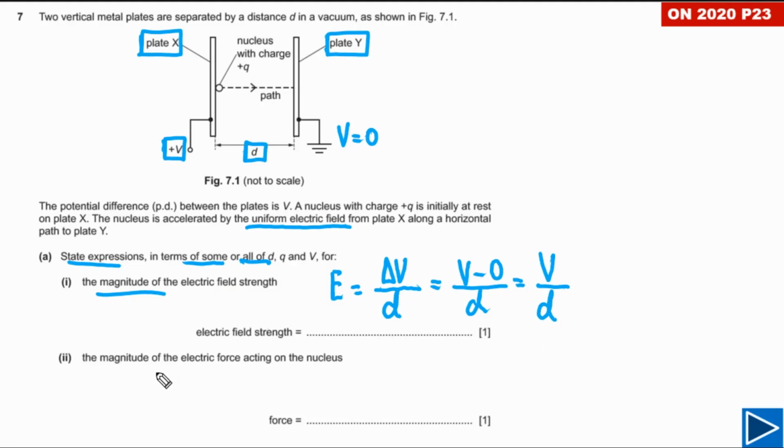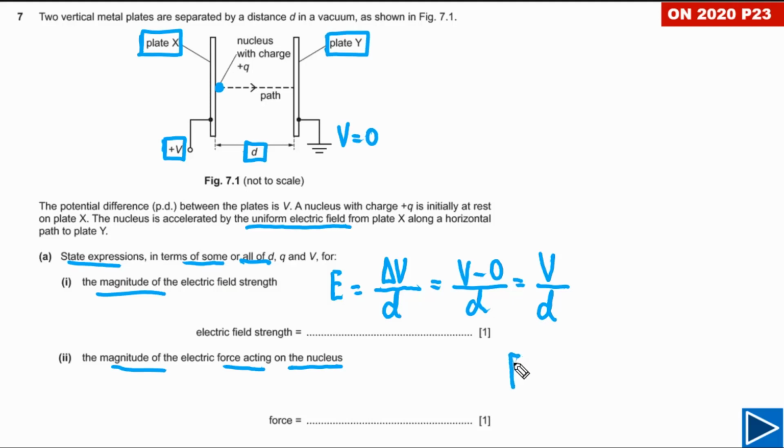For the second part, the question is asking us the magnitude of the electric force on the nucleus, meaning the magnitude of the force acting on this nucleus. The magnitude of force in this case will be constant because this nucleus is in a uniform electric field.